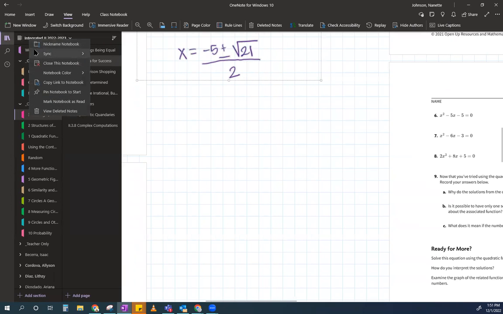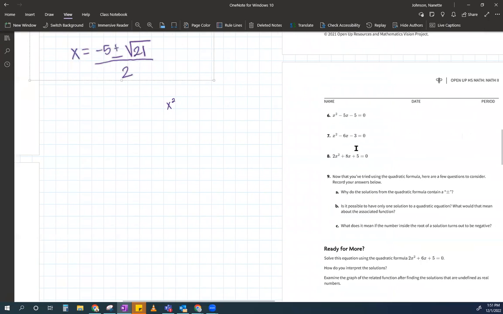Okay, there it goes. So the very first thing I told you guys to do was just find A, B, and C. What did you find as A, B, and C for this one? Someone said 1 for A. Someone said -5 for B, and C was also -5.